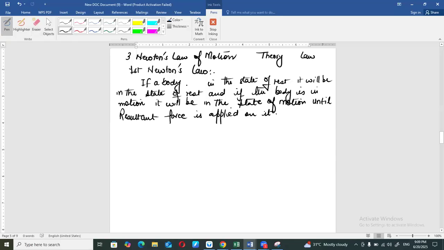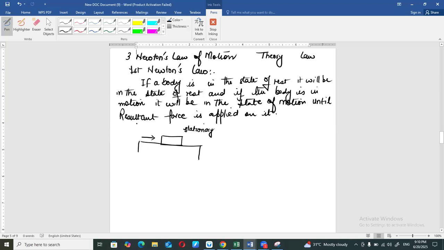Now, what does it mean actually? I will explain that statement with the help of an example. Let's suppose we have a table, and on the table there is a book placed like that, right? That book which is placed on the table is in stationary mode, and it will be in the state of rest until you apply a force, or you can say an unbalanced force.